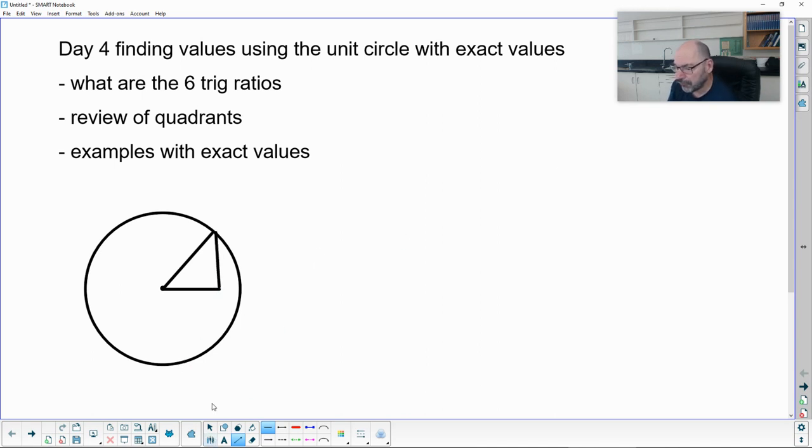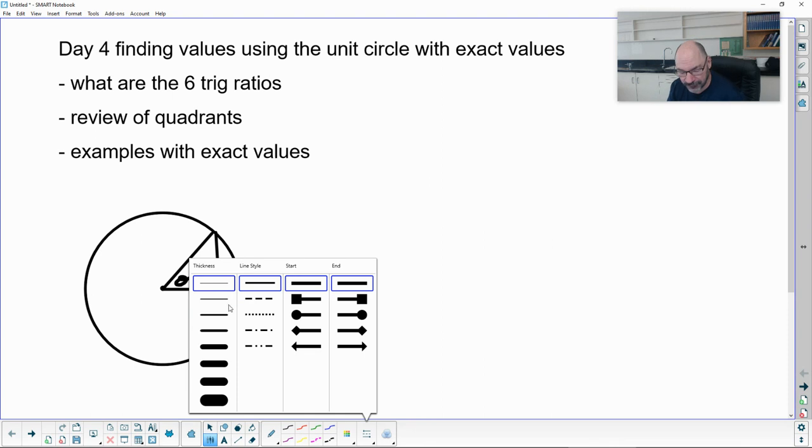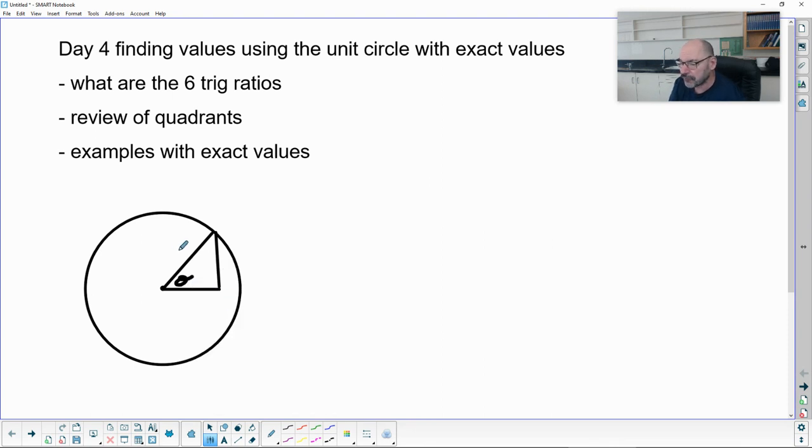So here's our angle. This is radius, this is x, and this is y. So if you went on this point here, that would be x, y.